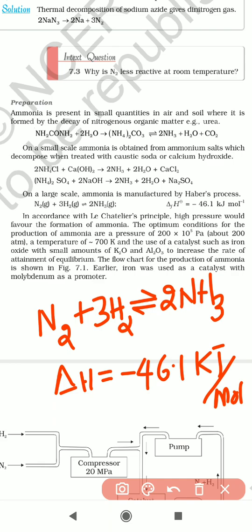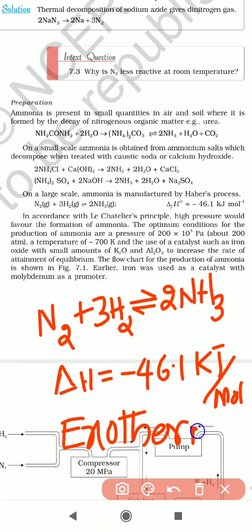So this is an exothermic process, one of the exothermic reactions.